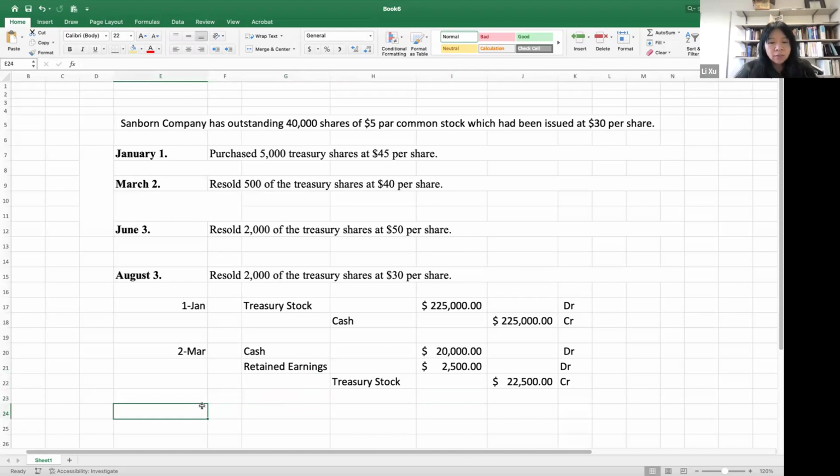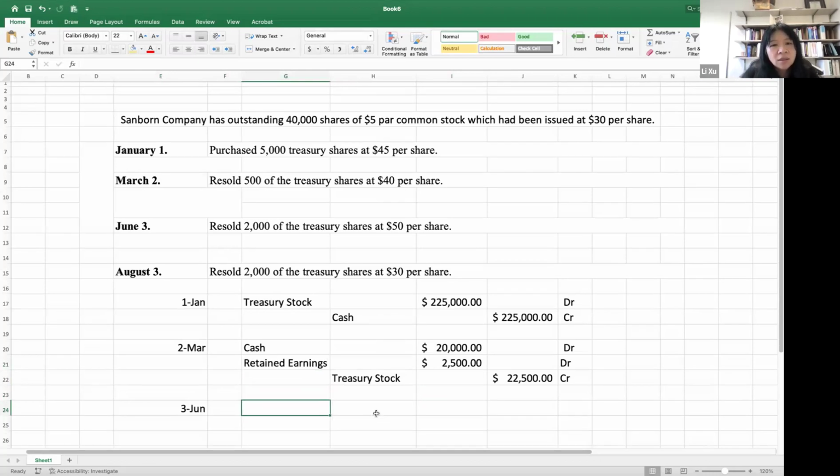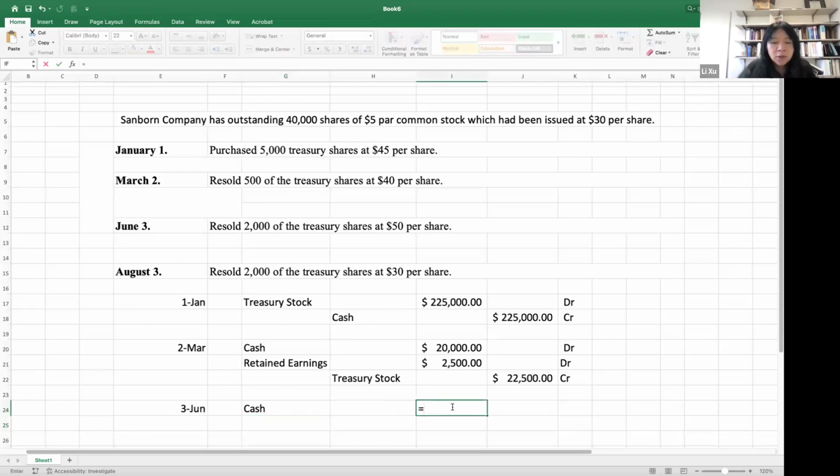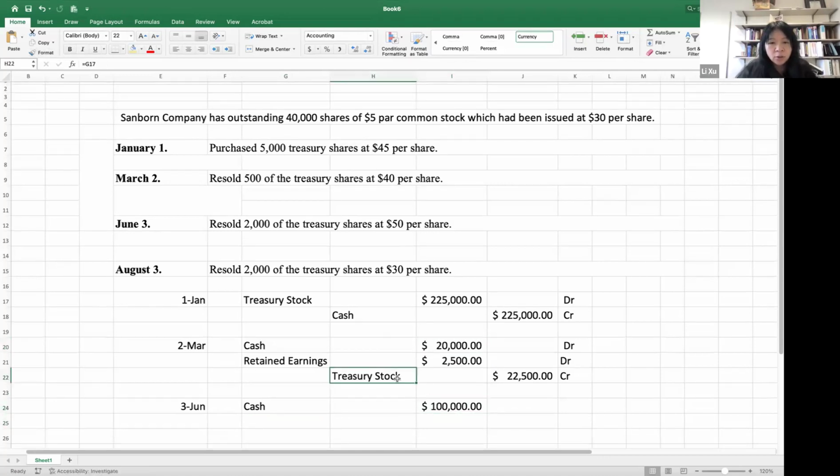So next one, June 3rd. On June 3rd, you sold again, this time at $50 per share. Again, we first do the journal entry for the cash to reflect how much money you receive from this transaction. You sold 2,000 shares at $50 per share, and that's how much you receive. And how much do we have to remove? Again, book value approach.